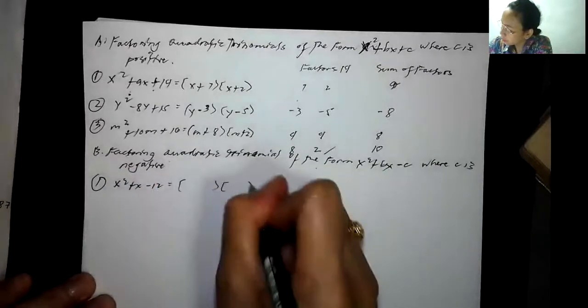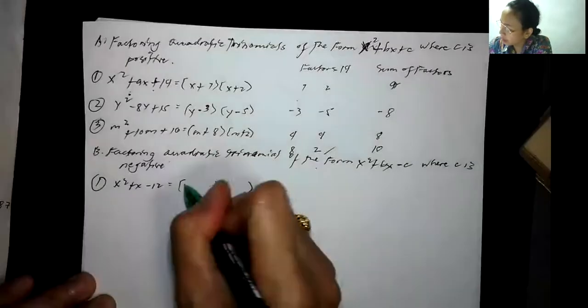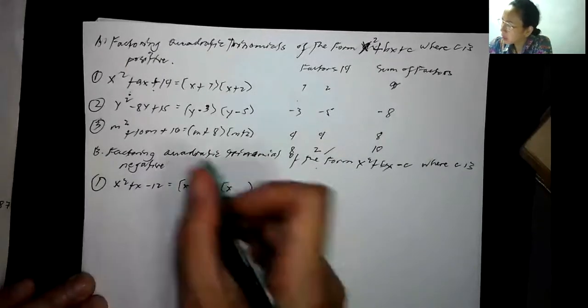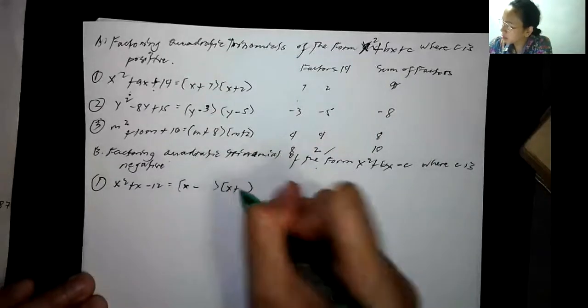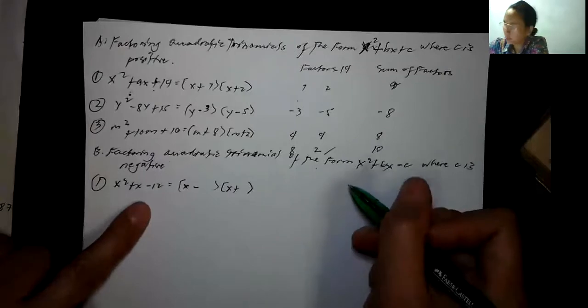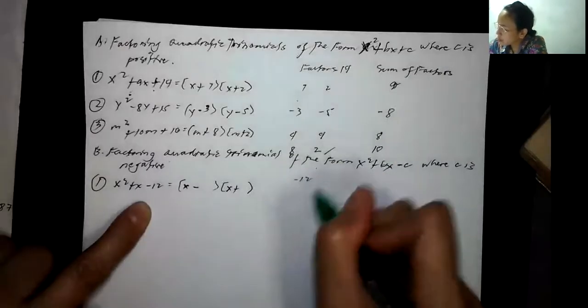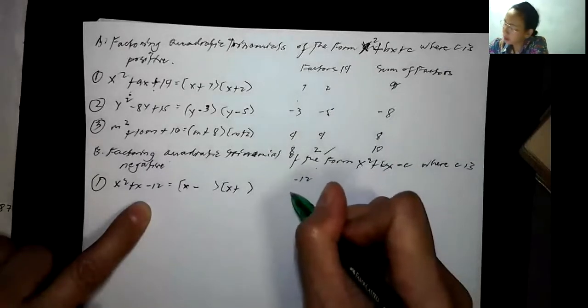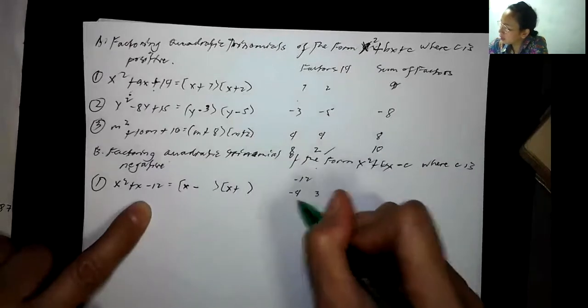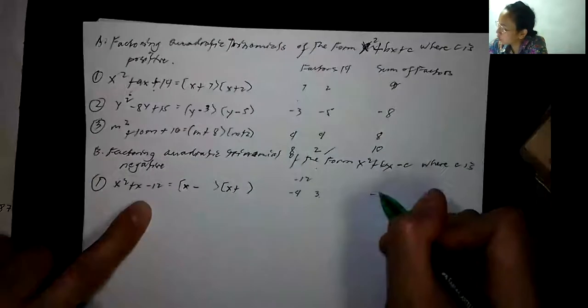So again, the factor of x squared is x, x. So since this is positive and negative, one negative, one positive. So what are the possible factors of negative 12? So we can write here negative 4 and positive 3. So it gives us a sum of negative 1.